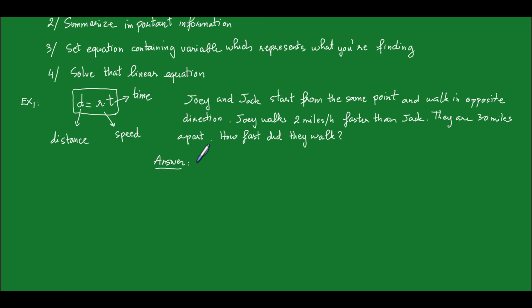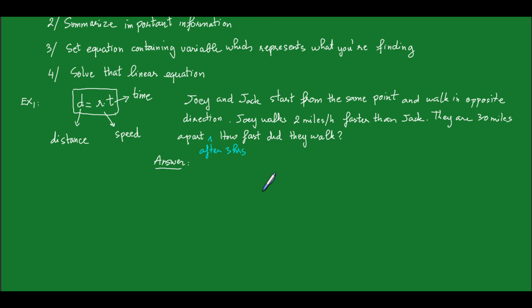Alright, so just imagine you had Joe and Jack start from the same point and walk in opposite direction. Joe walked 2 miles faster than Jack, and they are 30 miles apart. Oh, I missed that information. They are 30 miles apart after 3 hours. Okay, and how fast did they walk?